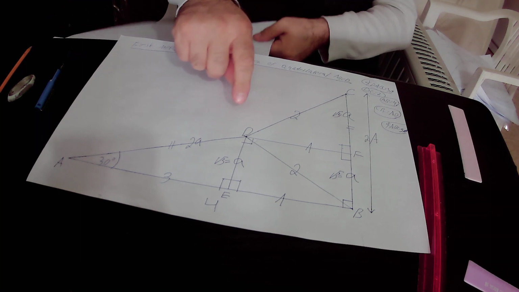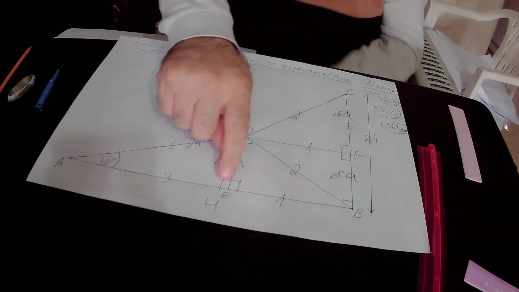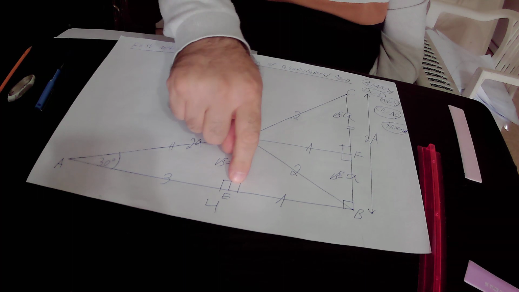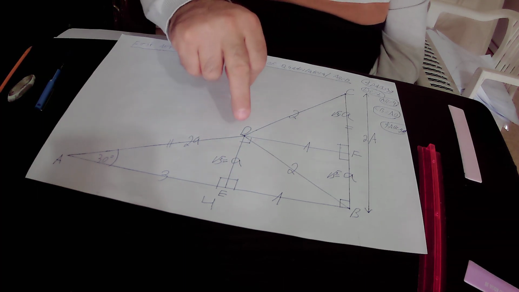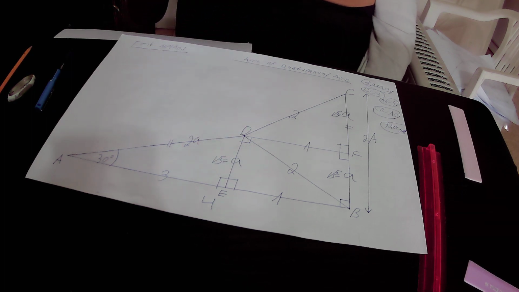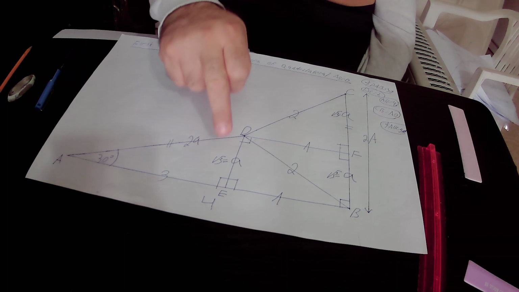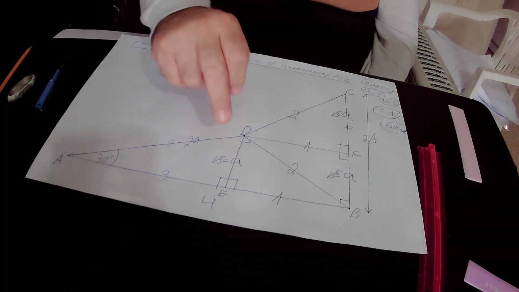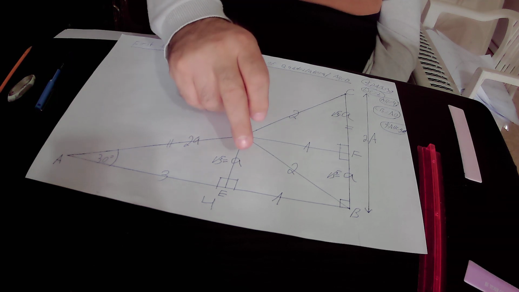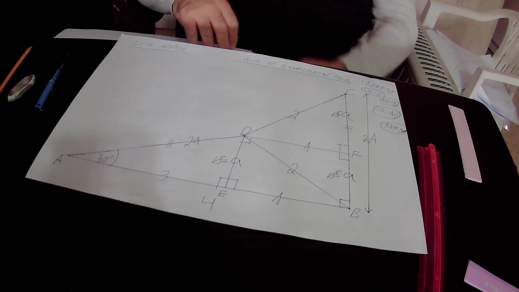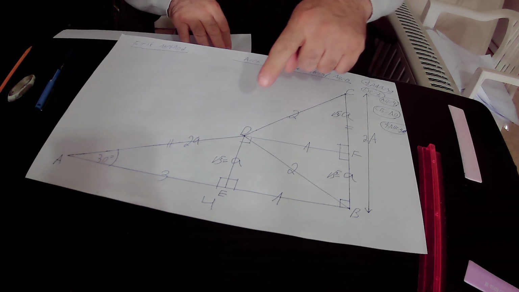From point D, we drew a perpendicular to AB, so this angle is 90 degrees, this angle is 90 degrees. We defined the touching point between the perpendicular from point D to AB as point E. So triangle ADE is a right angle. We define DE as A, that is to say DE equals A units in its length. Then we focus on the right triangle ADE.